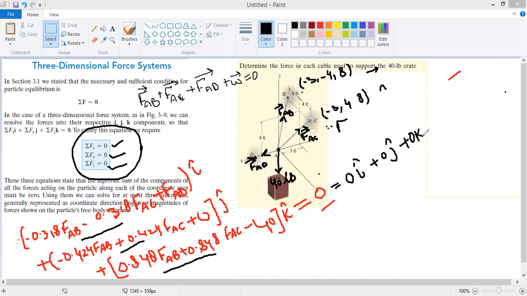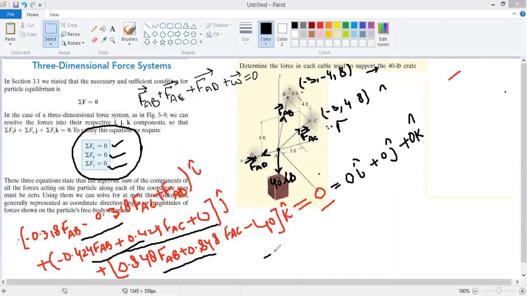Since the two vectors are equal, their x, y, and z components should be equal. The x component on the right side should equal the x component on the left side, the y components likewise, and so on for the z components. So we can write that 0 minus 0.318 FAB is equal to 0, this is equal to 0, and this is equal to 0.